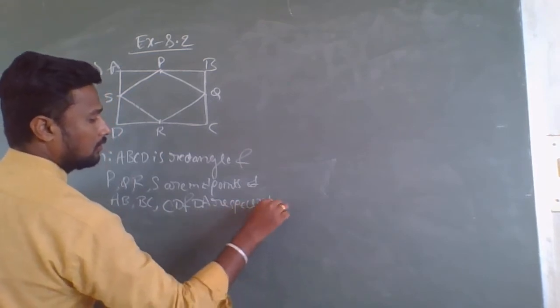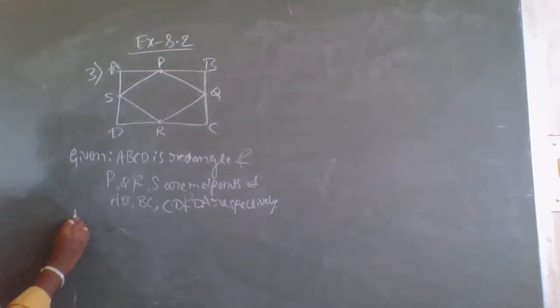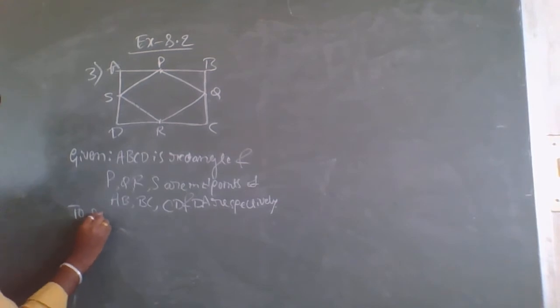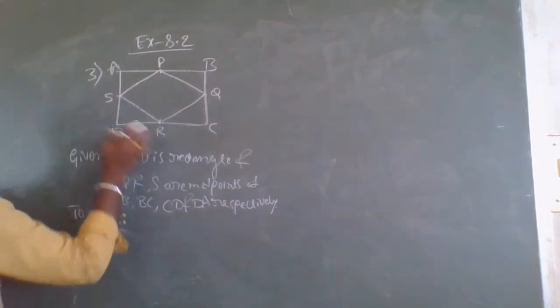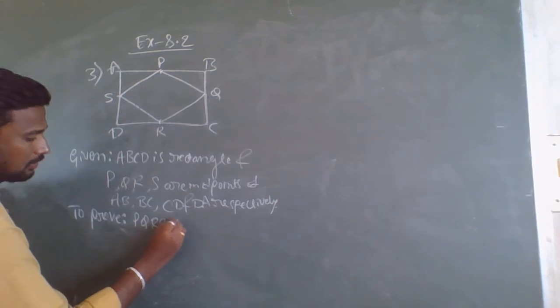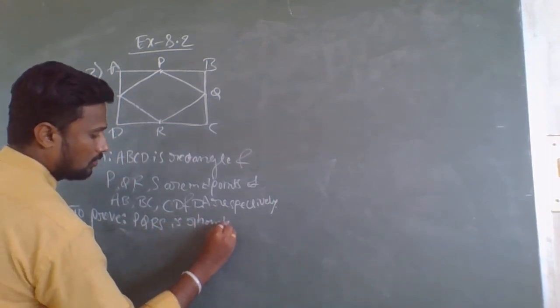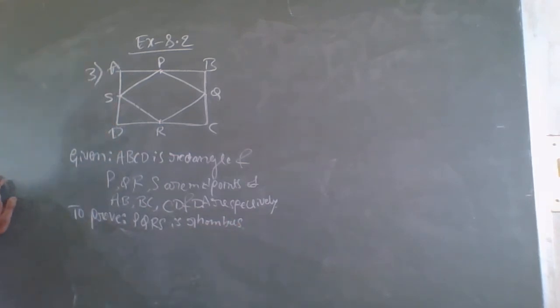This is given. Now what we have to prove here: this PQRS is a rhombus. We have to prove this.